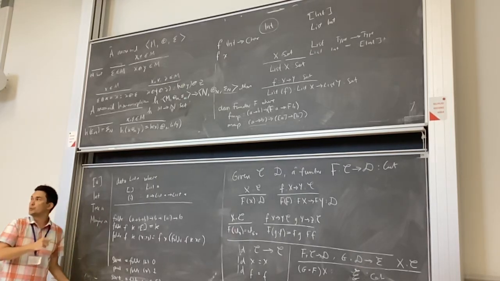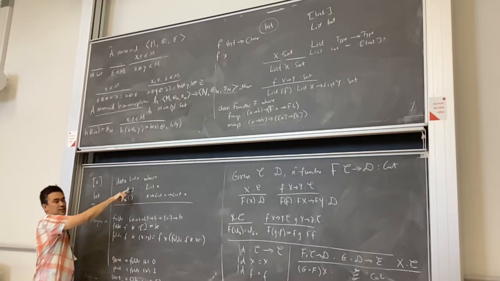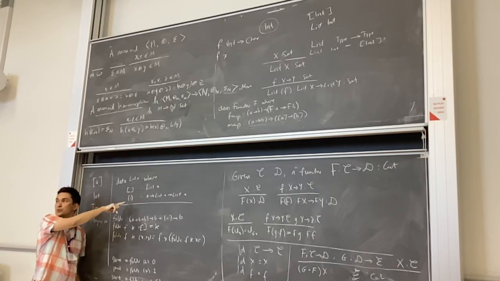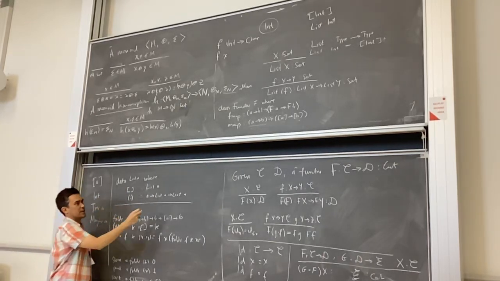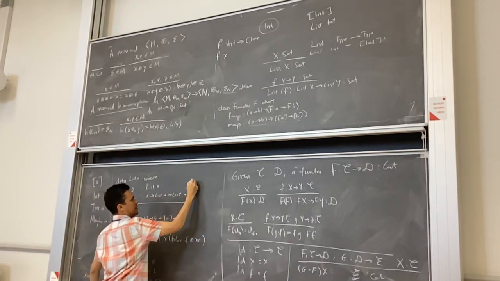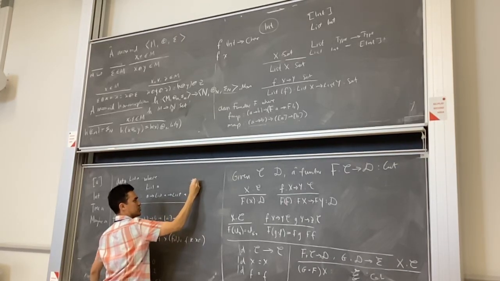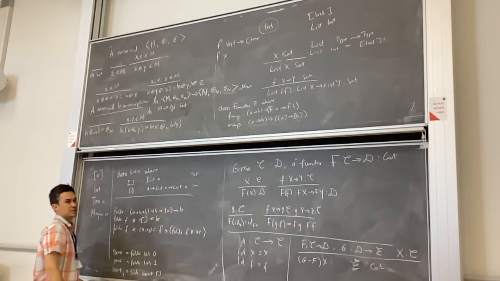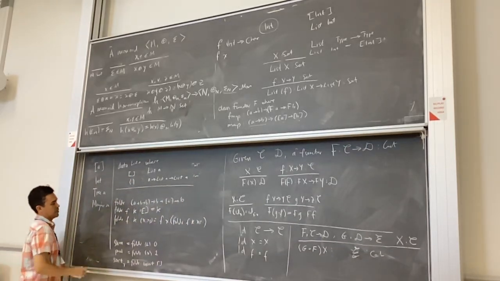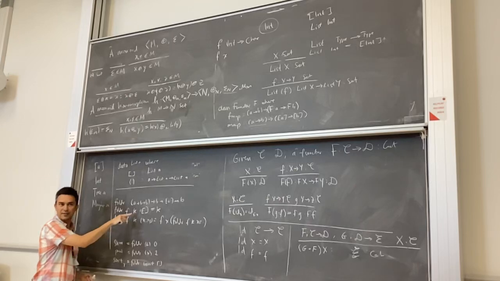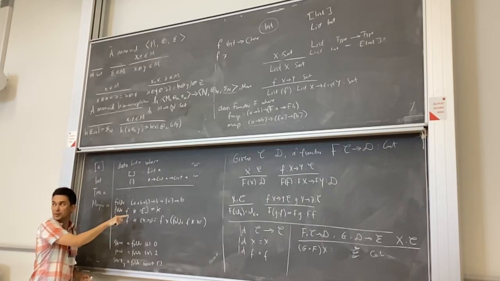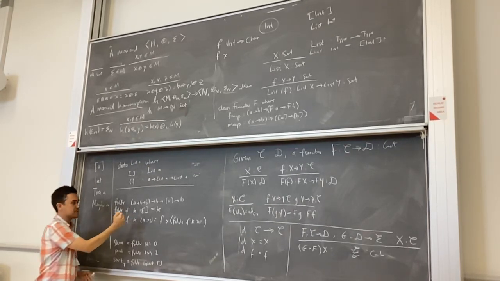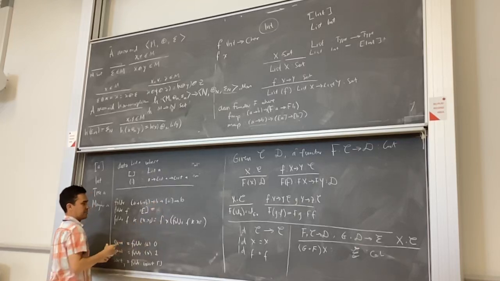I'm going to just rename a few things for you. This thing is called the empty list. This thing is called the cons operator. Let's call it nil because it's shorter to write, and let's call this cons. Instead of calling this k, I'm going to call this nil because it's what we want to do in the nil piece.